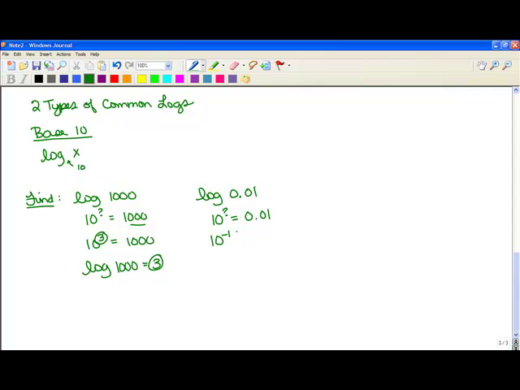If we look at 10 to the negative first power, that's the same thing as 1 divided by 10, which would equal 0.1. 10 to the negative second power is the same as 1 over 10 squared, or 1 over 100, and that is 0.01. That's the number we're looking for, so the power that would make that happen is -2. So log of 0.01 equals -2.